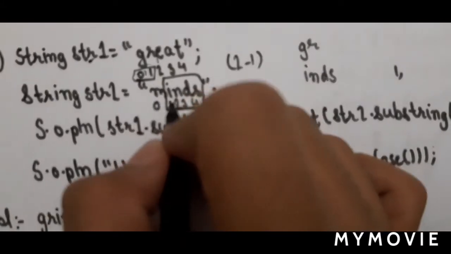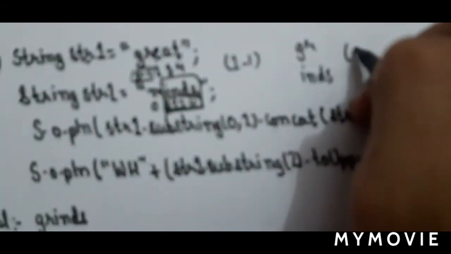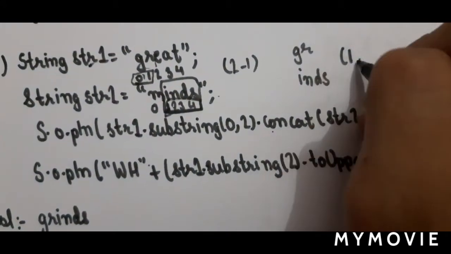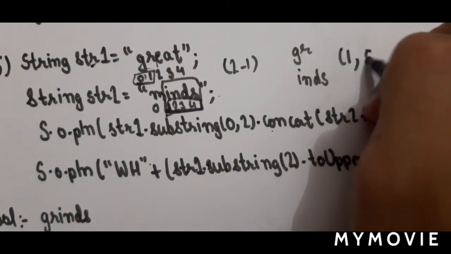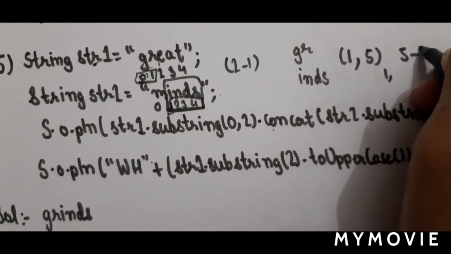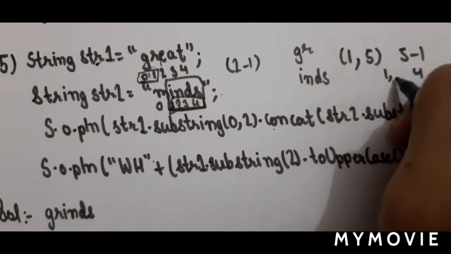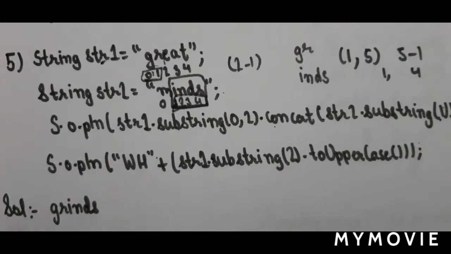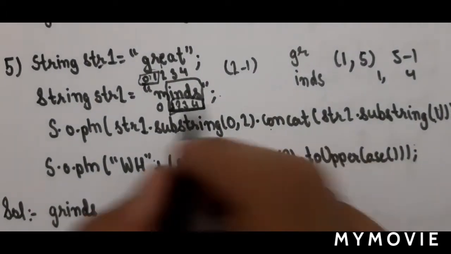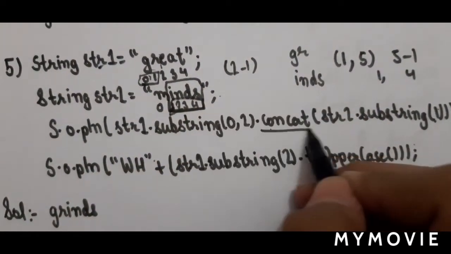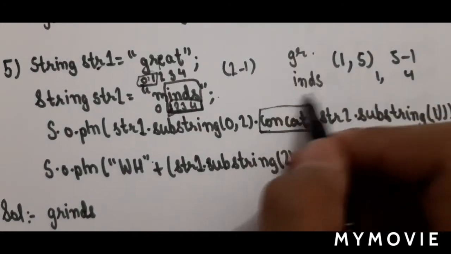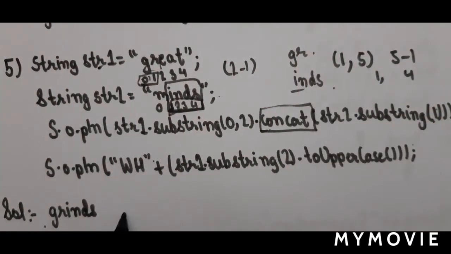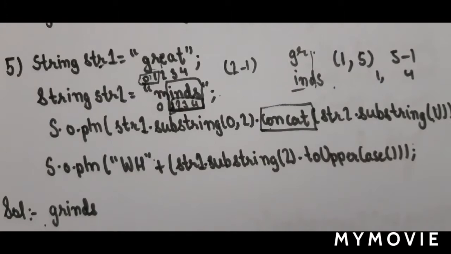So it takes from 1 to the end, because there is no number written except 1. If another number were written here, say 5, we should take 5 minus 1, which is 4, so from 1 to 4. They told us to concat these both. So gr and inds becomes grinds, and there is no space between them.